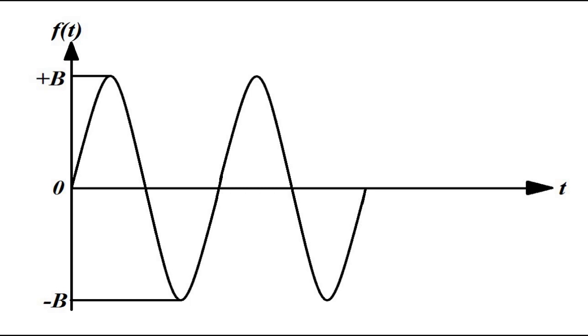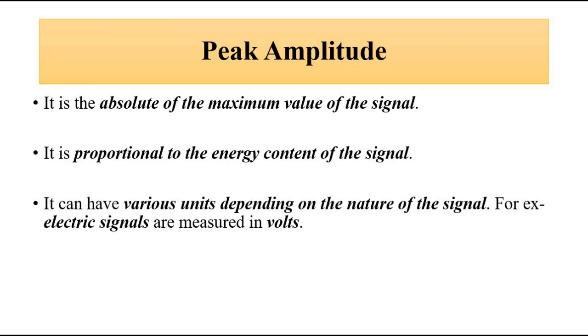Another important thing: it can have different values depending on what quantity we are measuring. For electrical quantities, mainly current and voltage, and power also comes into play. Voltage, current, and power are the three parameters mainly measured in electrical systems.